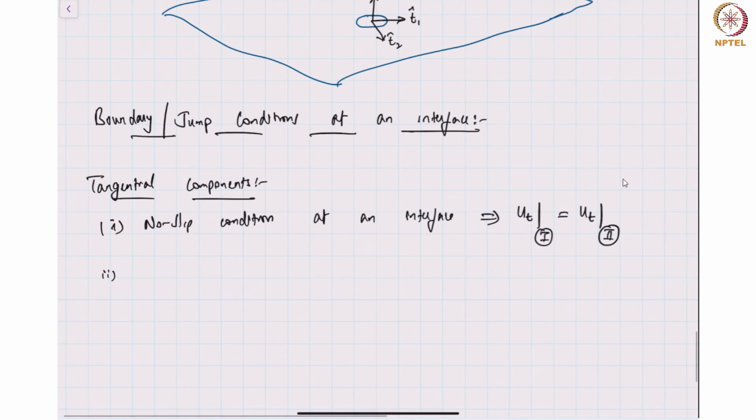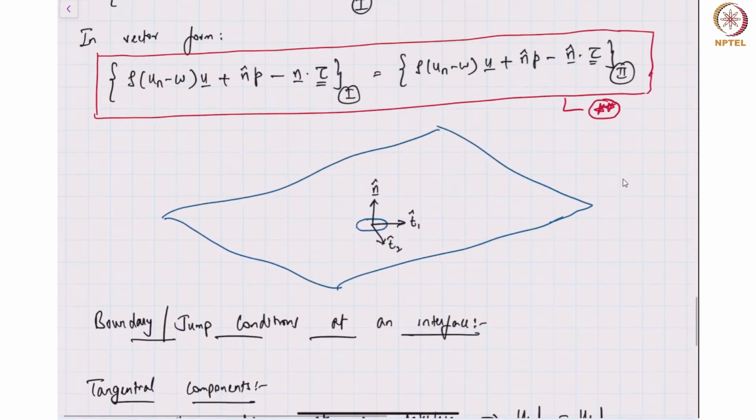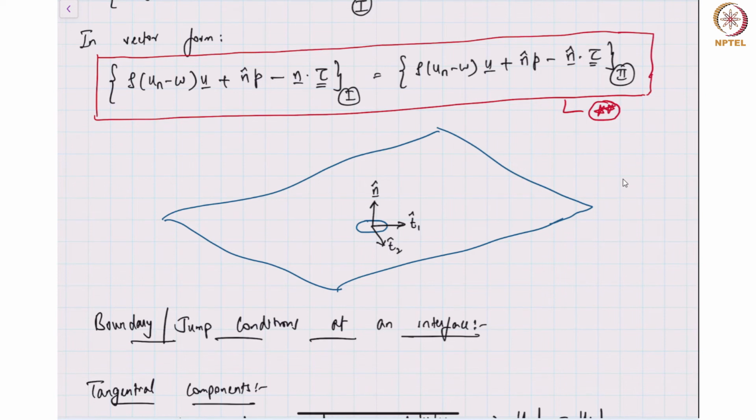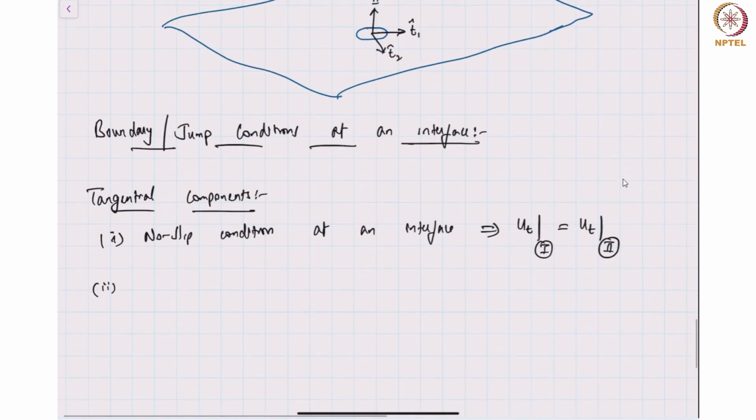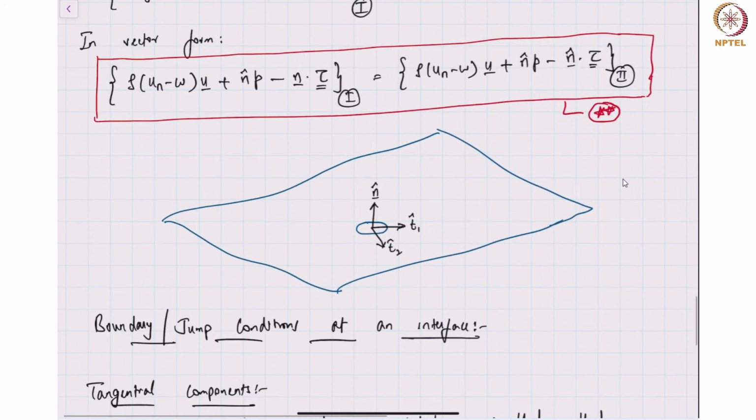Now the second observation is, we start with this equation, the equation in the box. This is obtained from the jump conditions from the momentum equation. Okay, we will take a dot product of this equation. This is equation double star, as I've called it.